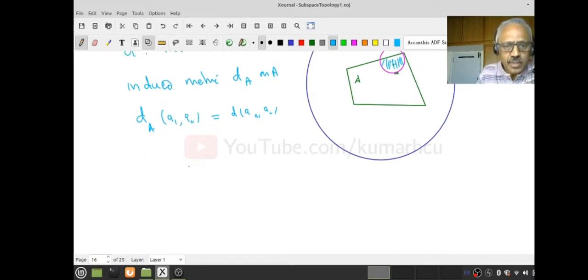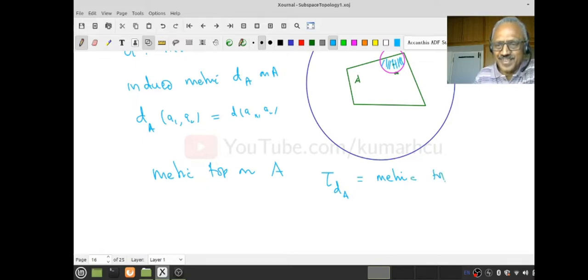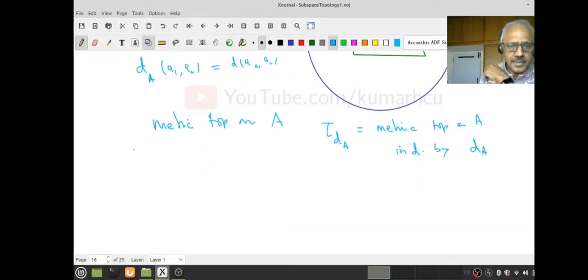Therefore I have a metric topology on A. Let me call it tau d, the metric topology on A induced by the metric d_A. So on A now I have two topologies. One is tau A, the other one is tau d_A.